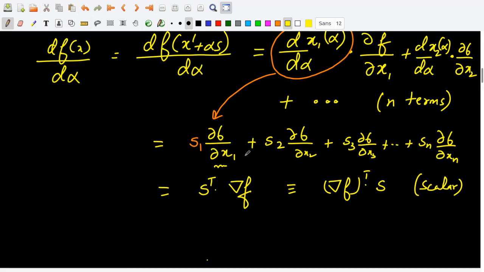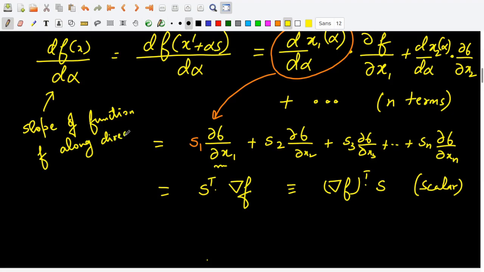Similarly, to compute the overall change, I need to sum up all the changes along all directions. So intuitively, this expression makes some sense. The book calls this term the slope of function f along direction s.